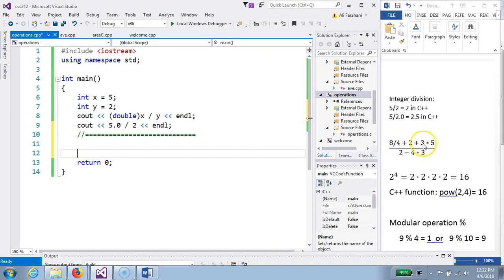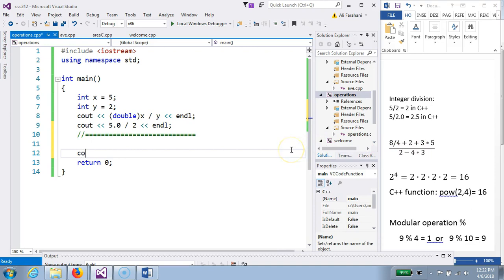Then you would also do 3 times 5, which is 15. So you have 2 plus 2, which is 4, plus 15, that's 19 in the numerator. What about the denominator? Denominator, first you multiply -4 and 3, that's -12. You add 2 to it, that's -10. So I have 19 over -10, which is -1.9.